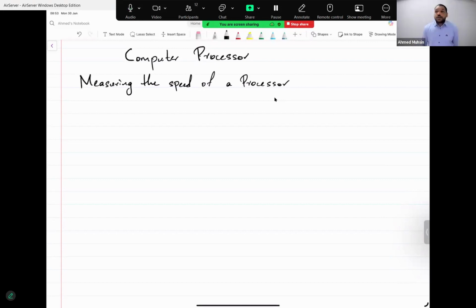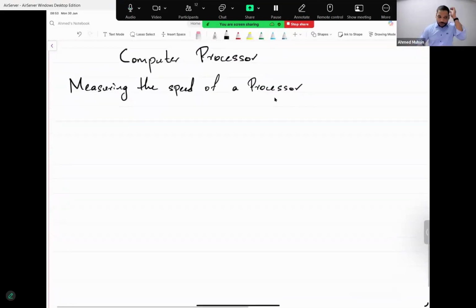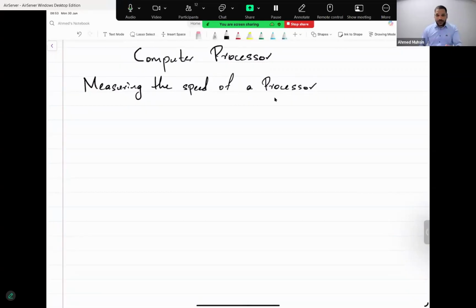Is it readable from there? Right. Now I want you all to first write down the statement, then I'll explain it. 1 hertz. Short form is capital H, simple Z. 1 hertz means the processor can execute one instruction every second.